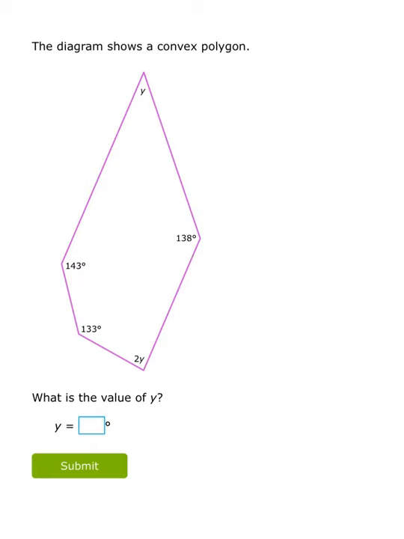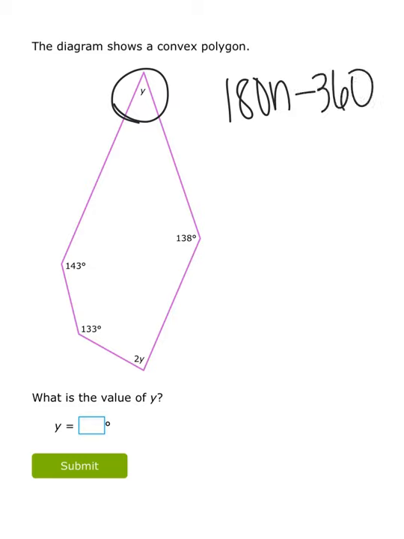So for this problem, we want to find the value of y. Well, in order to do that, I first need to figure out what the sum of all these interior angles would be. So let's use our sum formula, 180 times n minus 360. So let's figure out how many sides this polygon has. 1, 2, 3, 4, 5.